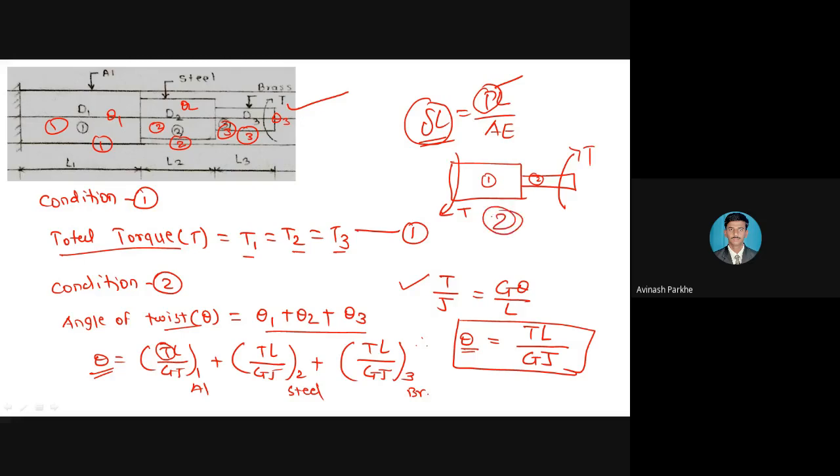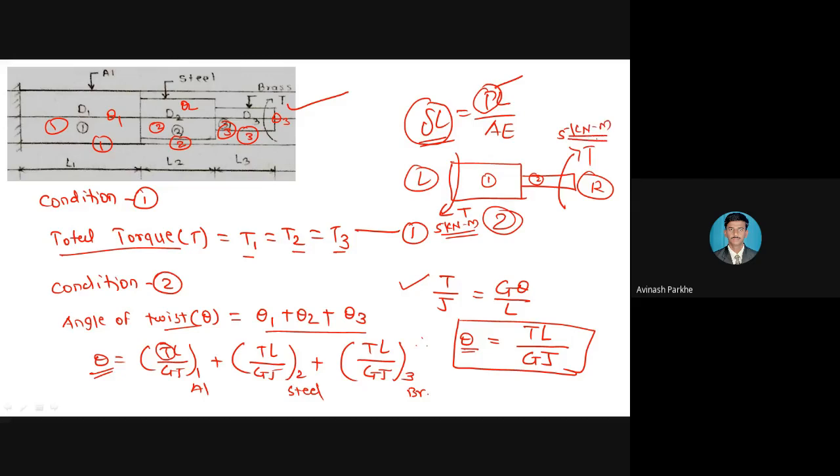Sometimes you will get a figure in which two shafts are connected to each other, but at the left side it is free and at the right side it is also free. To make that shaft under torsion, torque is applied at the left side and also at the right side, but both torques are equal in magnitude. For example, if 5 kilonewton meter is applied at the left side, the same 5 kilonewton meter is applied at the right side.